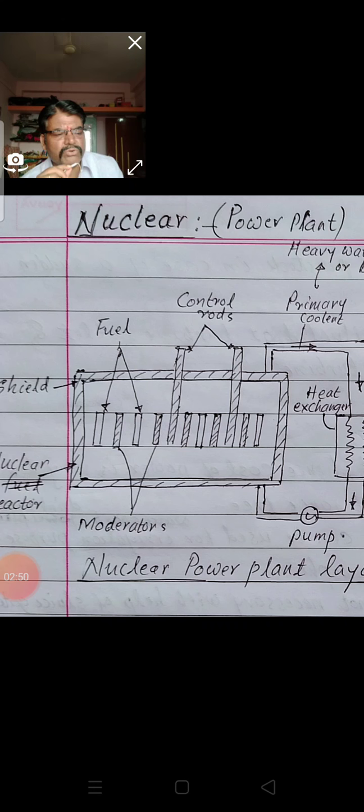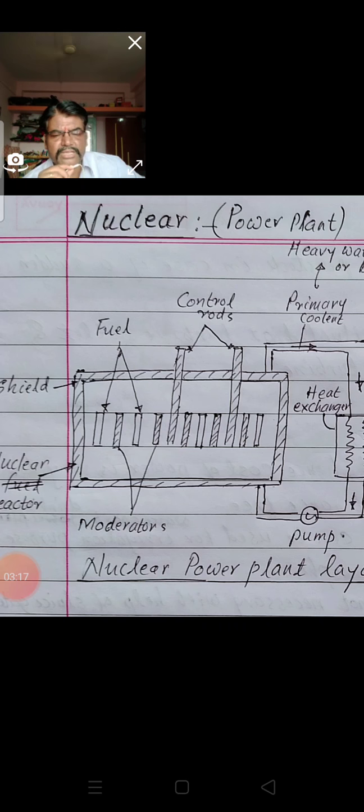Fast moving neutrons are far less effective in causing fission of U235. Moderators are used to improve the utilization of these neutrons. Their speed is reduced by the moderator. That is the basic function of the moderator.